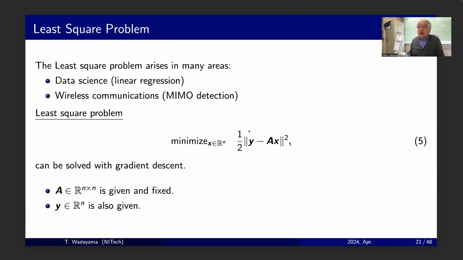And also in the case of wireless communication, this type of problem appears in MIMO signal detection. So this is a very ubiquitous problem. Our goal is to solve this least squares minimization problem by using gradient descent. You see that y is a given vector of length n, A is a matrix of size n by n, and also x is a vector of length n.